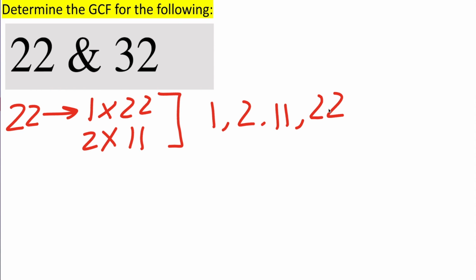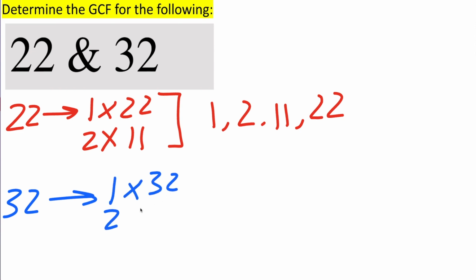And now we're going to do the exact same thing for 32. So 32, we can get 1 times 32, 2 times 16 is 32, 4 times 8 is 32, and there's no other numbers. 5 times nothing gives you 32, 6 times nothing gives you 32, and 7 times nothing gives you 32.